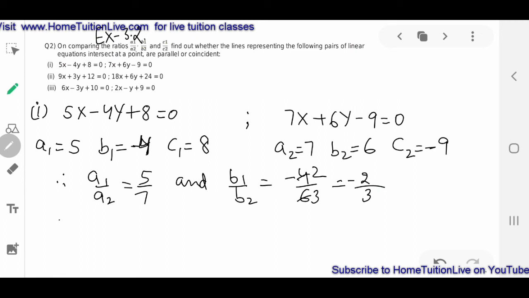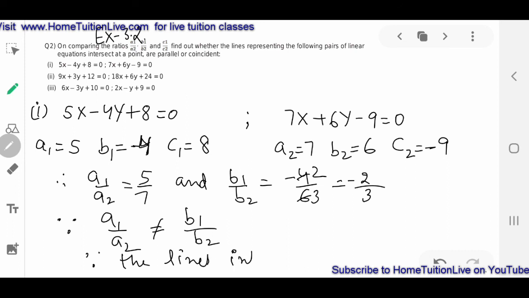So here we can see that a1 by a2 is not equal to b1 by b2. Therefore the lines intersect at a point.